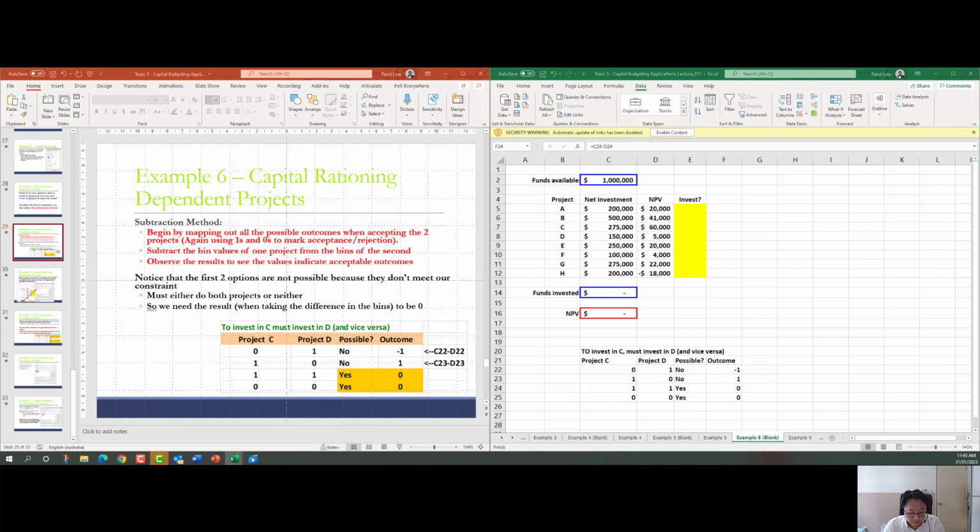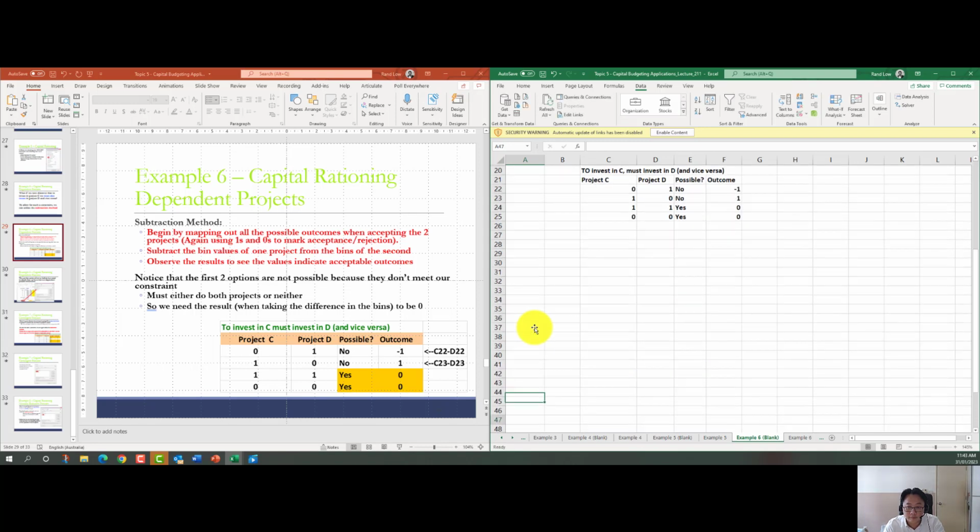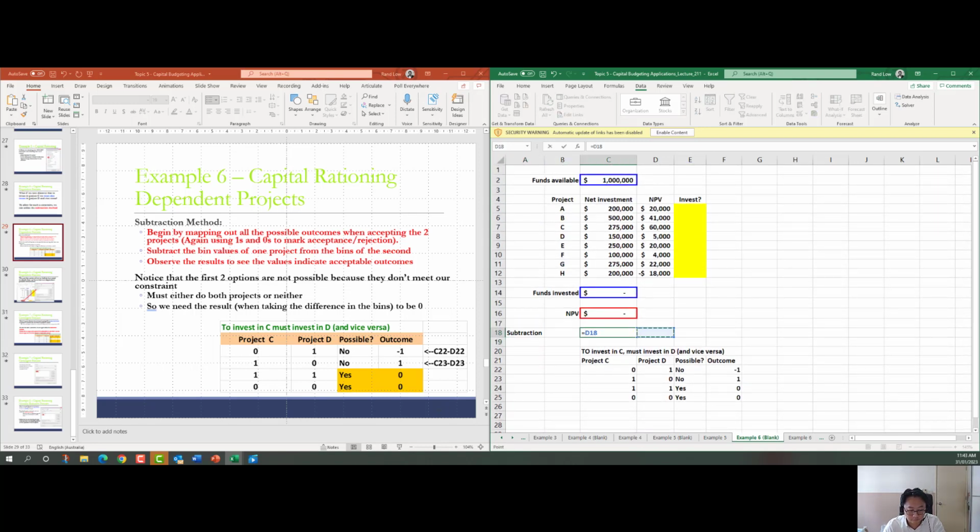Our requirement is that project C minus project D equals 0, and then this is just going to be 0 here. So we set up these constraints.